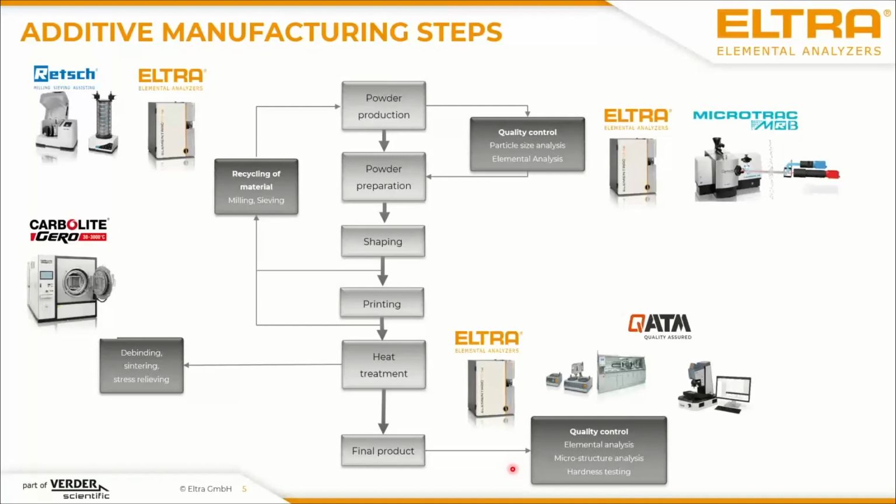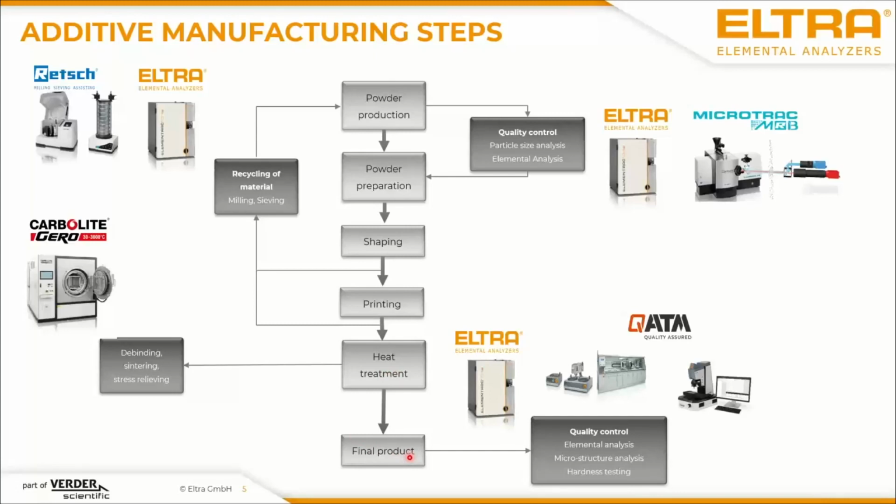So, additive manufacturing. Additive manufacturing with metal powders usually follows the procedure you have seen in the middle column, starting with the powder production, powder preparation, shaping, printing. The printing is the real 3D printing, the manufacturing step, you can say, followed by a heat treatment before you get the final product.